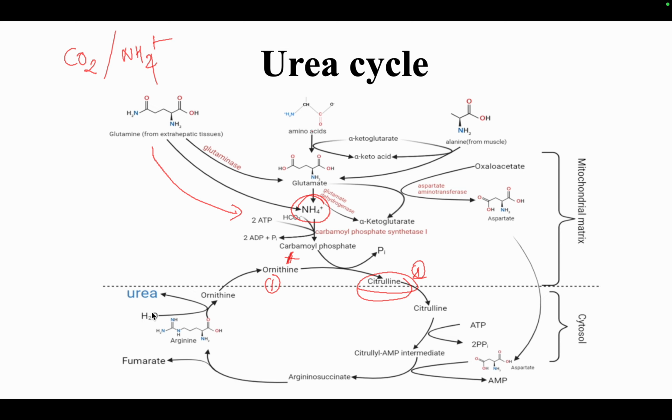So this is how the ammonia which is released from amino acid metabolism is getting converted to urea, and then this urea can be excreted from the system. So this is the general urea cycle.